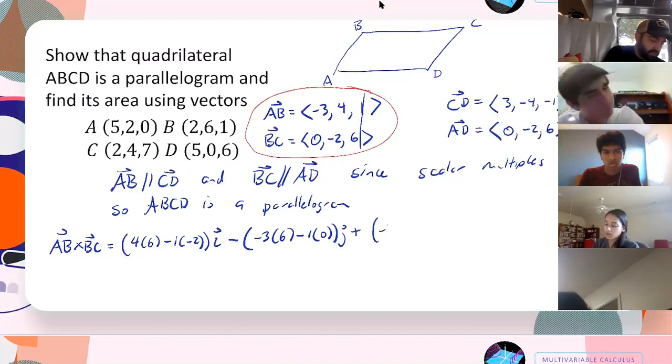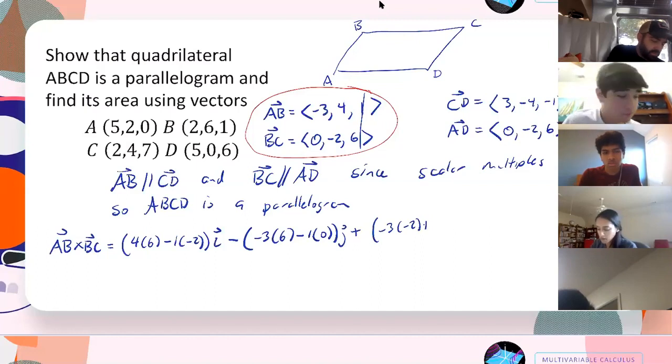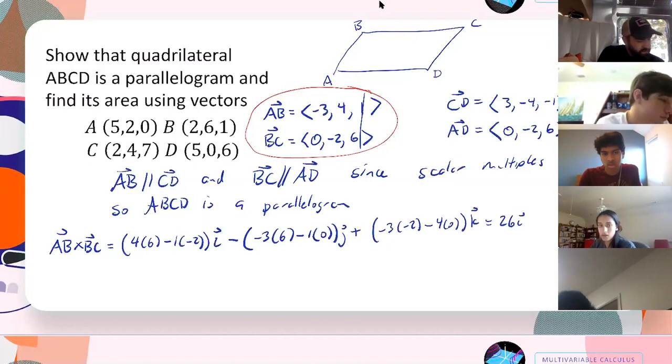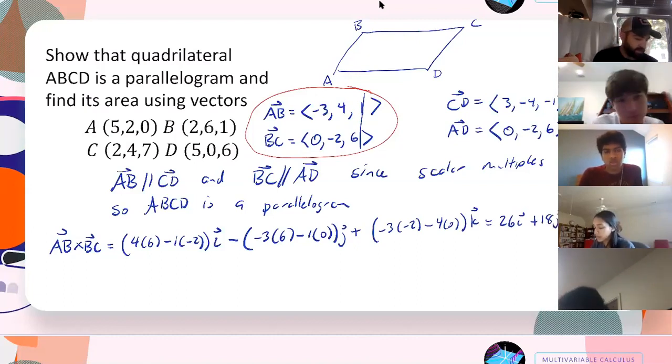And then I have a -3 times -2, minus 4 times 0, K. So 24 plus 2, I have 26i. And then negative 18, but a negative 18, so plus 18j. And then I have a 6 minus 0, so plus 6k.